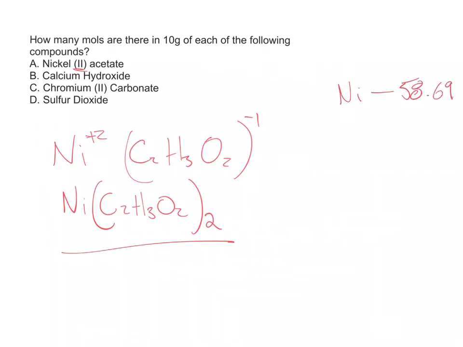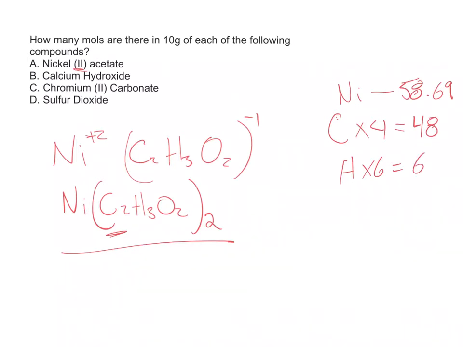We have 4 carbons, right, because there's 2 in each acetate, and we have 2 acetates. So carbon we have times 4, and each carbon weighs 12, so total is 48. Hydrogen, right, we have 6, 3 times 2, so H times 6. Each hydrogen weighs 1 gram, so total of 6.